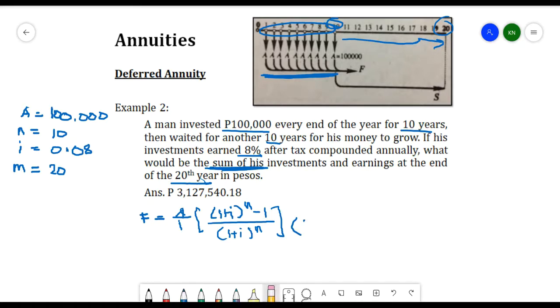No, that is already this one. And sorry, this should be only A. So we have this formula.